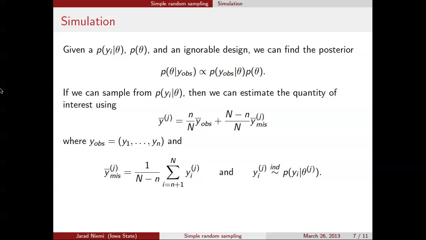For each sample in our posterior distribution for theta, we sample from the posterior, possibly using an MCMC, plug theta in here, and sample a whole set of missing data. In this case, 6,194 minus 200. Then we calculate the average of those missing data.